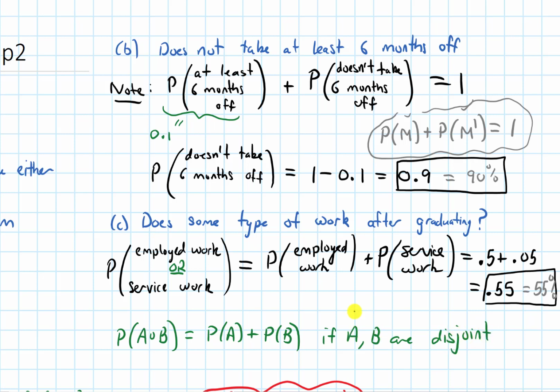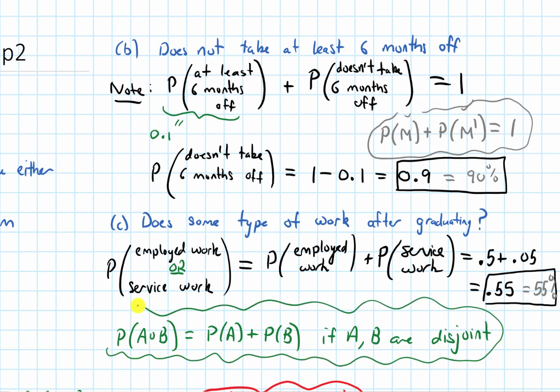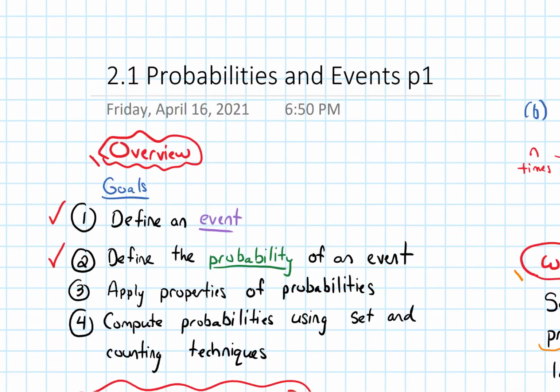If they're not disjoint, if there's stuff in common to both A and B, or two sets, we'll have to subtract away the probability of the intersection of A and B, similarly to what we do with sets. We'll see an example of that in a later section. I'm going to put a bubble around this. That's what we use for part C here.